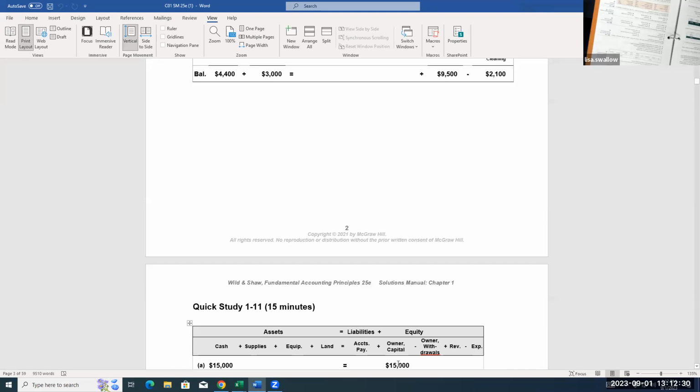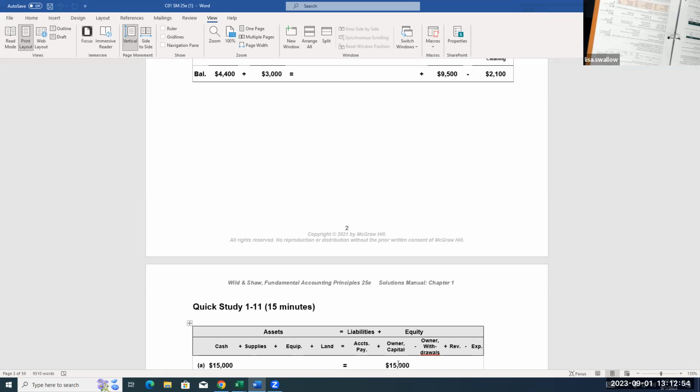Okay. Scott, can you read the second one for me? Okay. How does that impact this equation? Exactly.